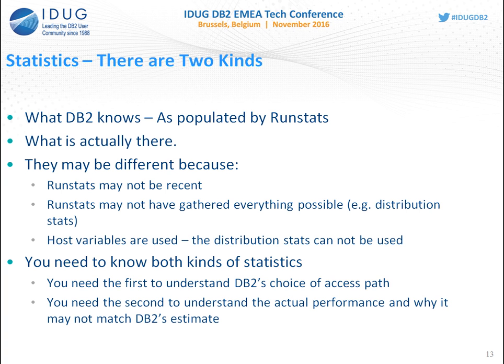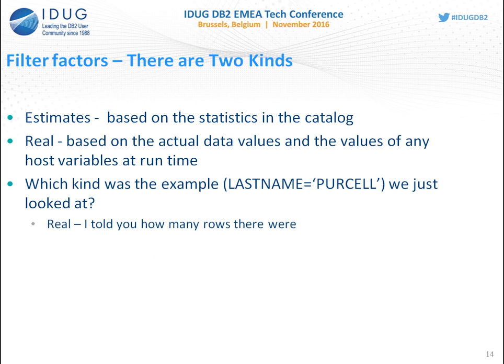And the same with the filter factors. They're the estimates that DB2 makes based on its formulas and the statistics in the catalog. And then they're the real ones based on the actual data. So the example I gave before, was that estimated statistics or real statistics? Well, they're real statistics because I told you how many rows there were.